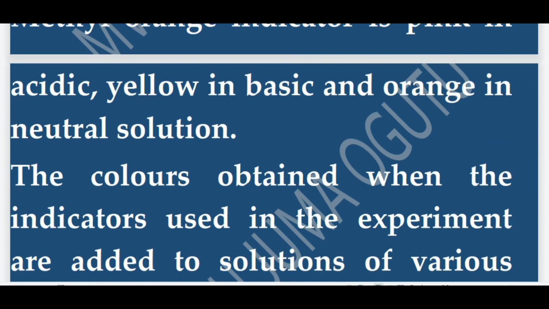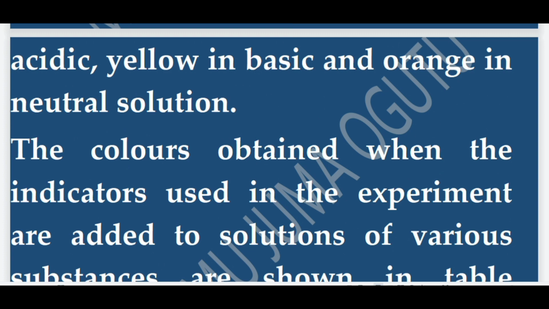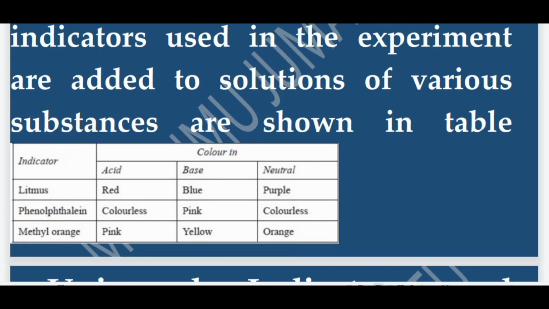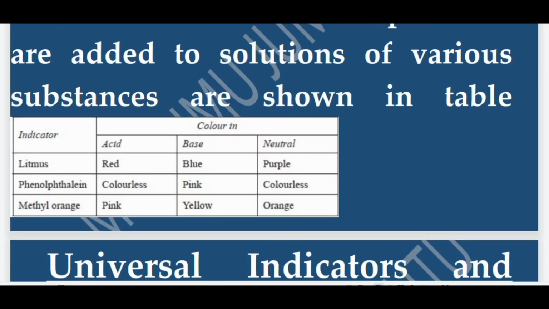The colors obtained when the indicators used in the experiment are added to the solutions of various substances are shown in this table. You have the indicators litmus, phenolphthalein, and methyl orange, then the color in an acid, in a base, and in neutral.